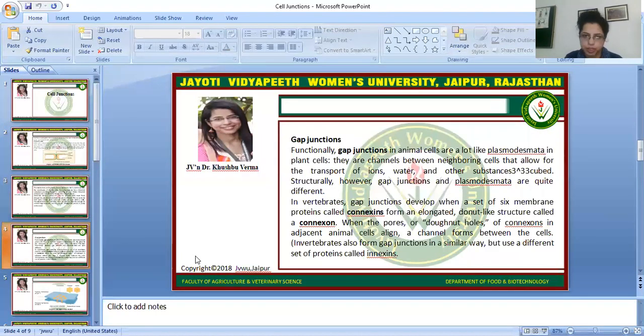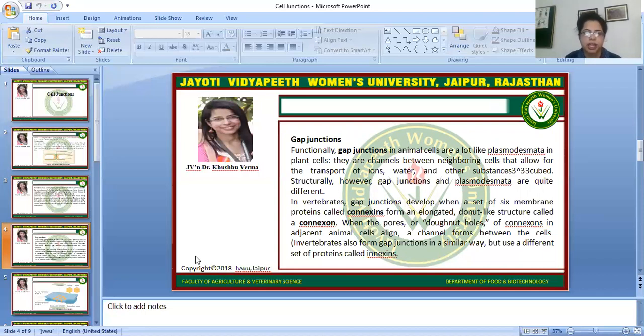Next one is gap junctions. Functionally, gap junctions in animal cells are a lot like plasmodesmata in plant cells. They are channels between neighboring cells that allow for the transport of ions and other substances. Structurally, however, gap junctions and plasmodesmata are quite different.